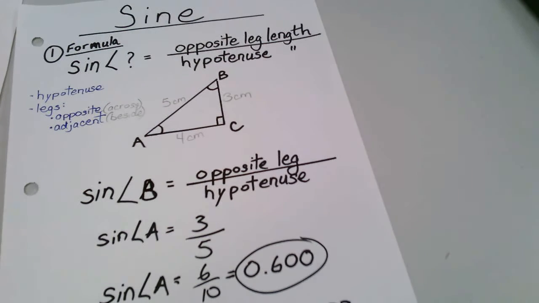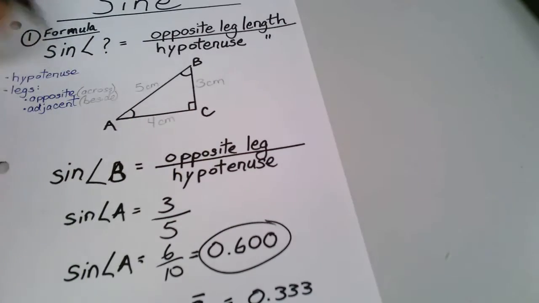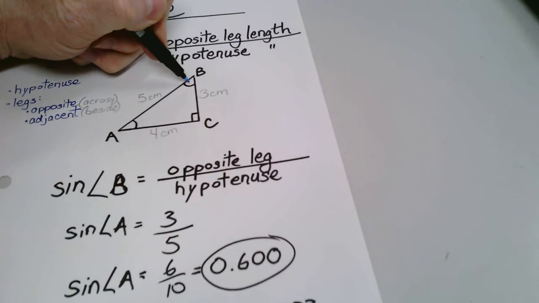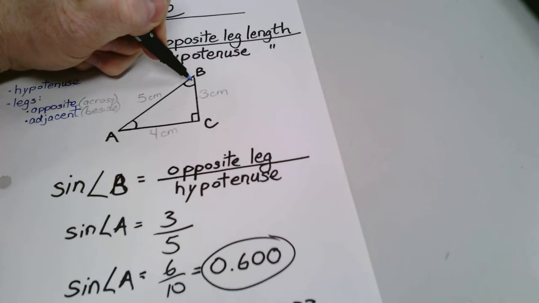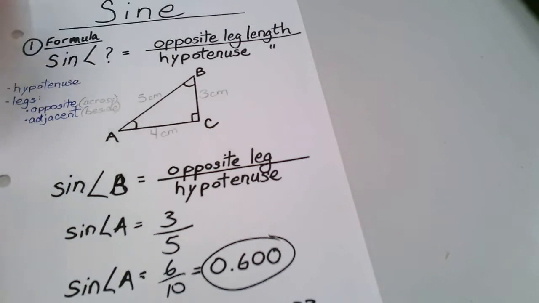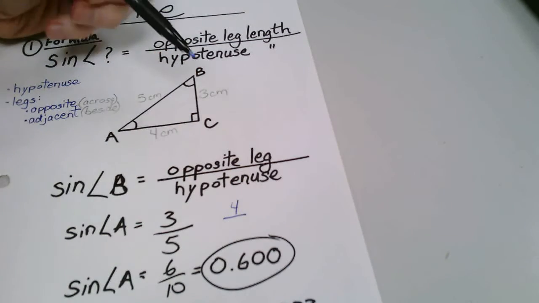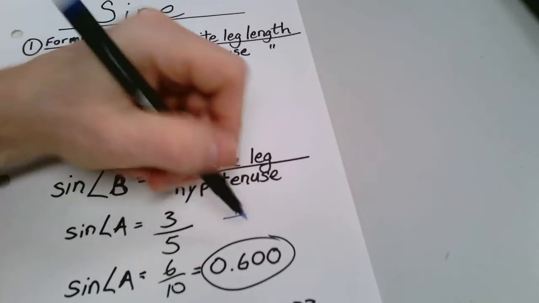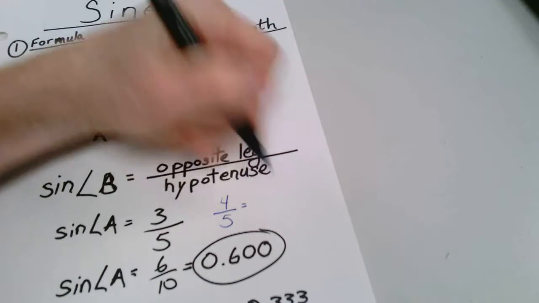So maybe I'll do this in a different color so as not to confuse. So opposite leg over hypotenuse, here's angle B. Opposite, remember we said, is the side that's right across from it. So across from B is the 4. So it's 4. And the hypotenuse, we've already said the hypotenuse is 5. So it's 4 over 5.